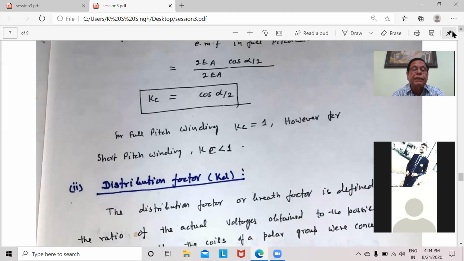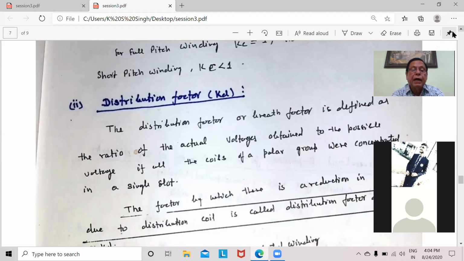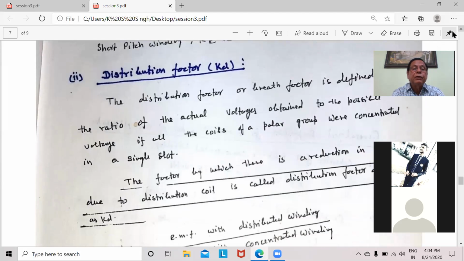Now we come to the distribution factor. The factor by which there is a reduction in the induced EMF due to the distributed coil is called the distribution factor, denoted by Kd.